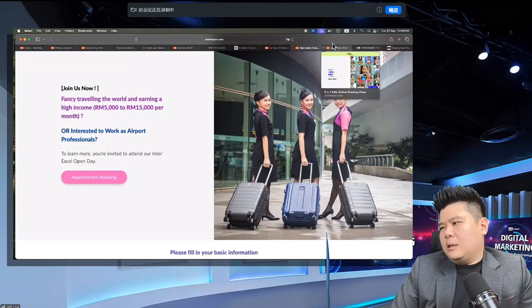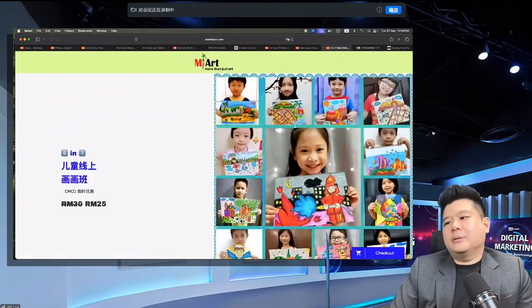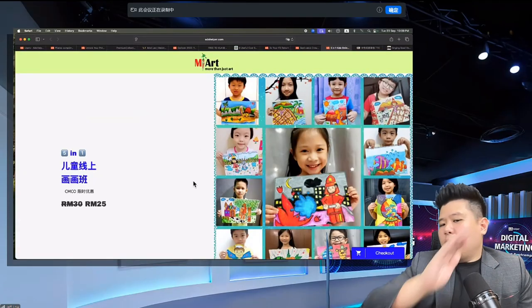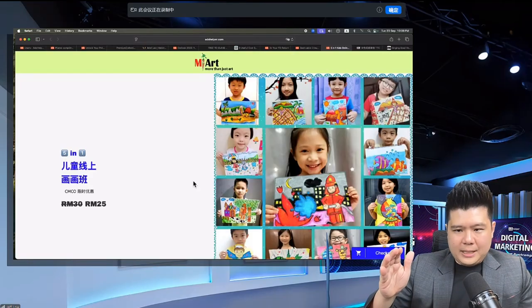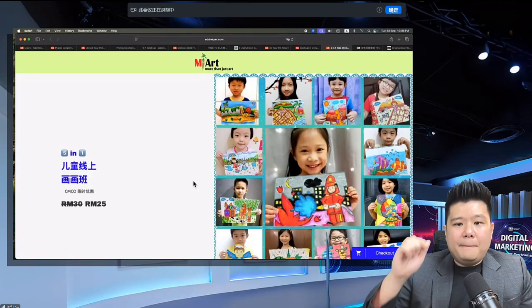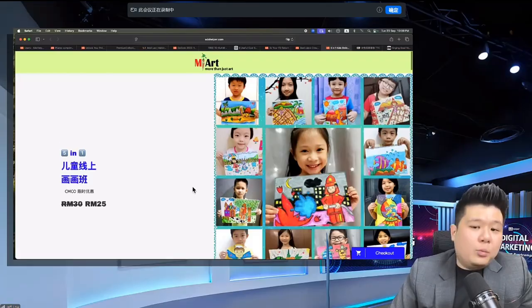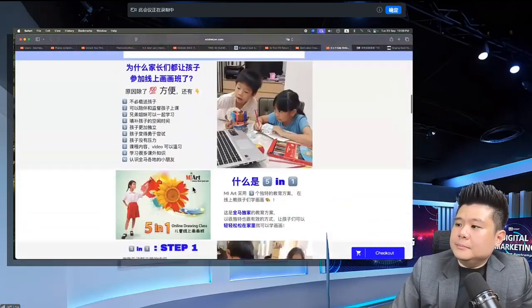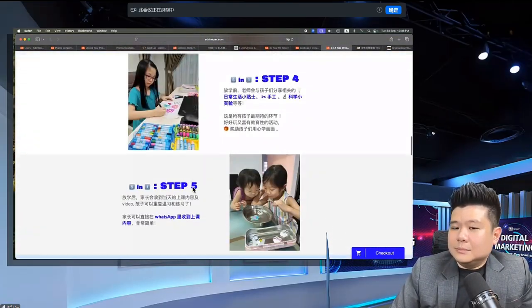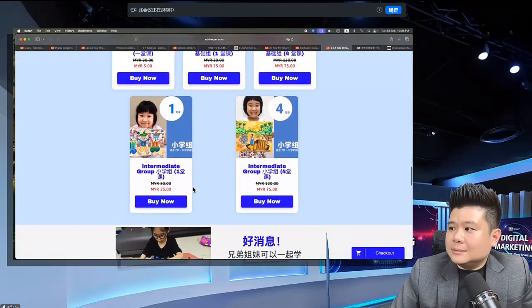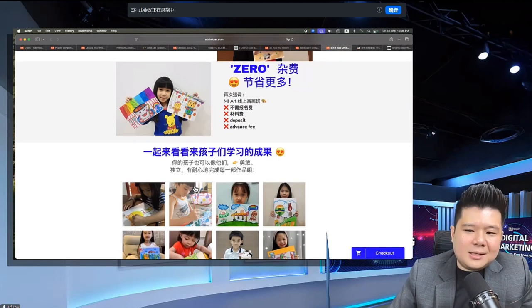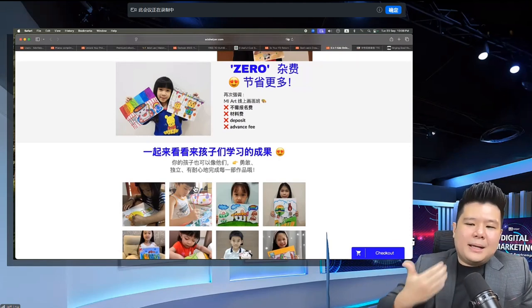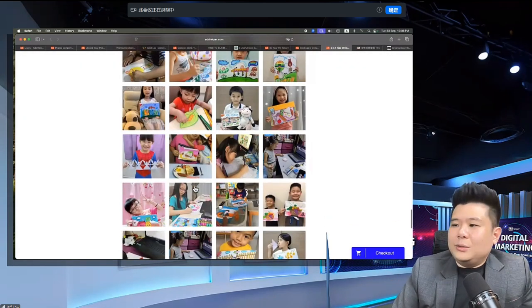This is the sample that I really love most. I know a lot of you here don't read Mandarin, you don't read Chinese words, right? But the moment you look at this, do you know what they sell? How many of you think, hey, this is interesting, I would like to send my kid there?